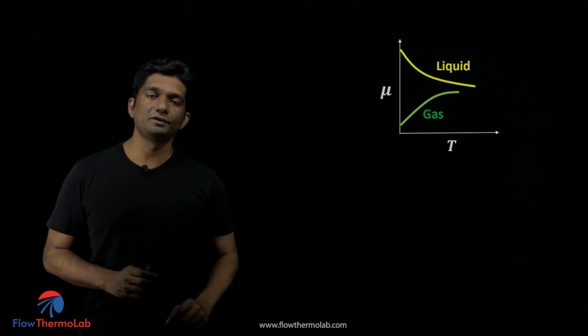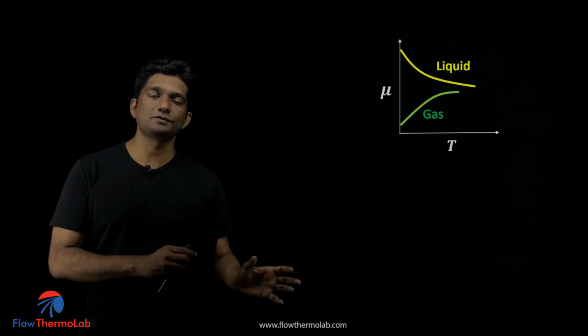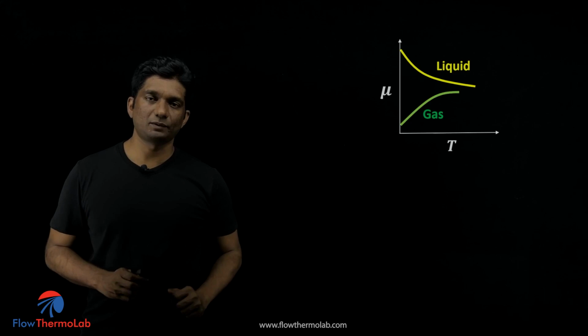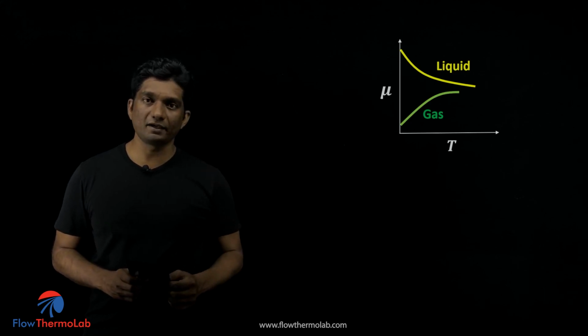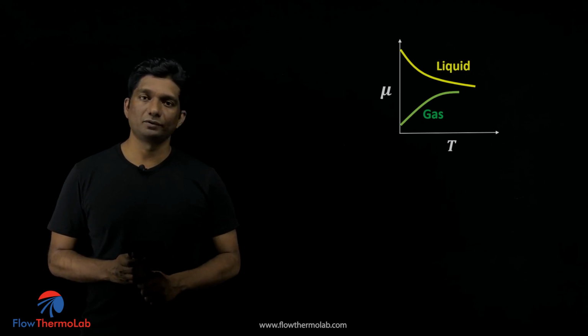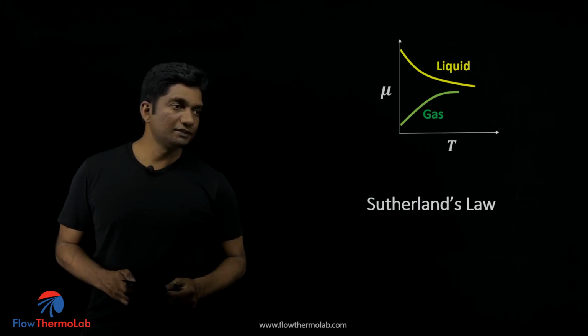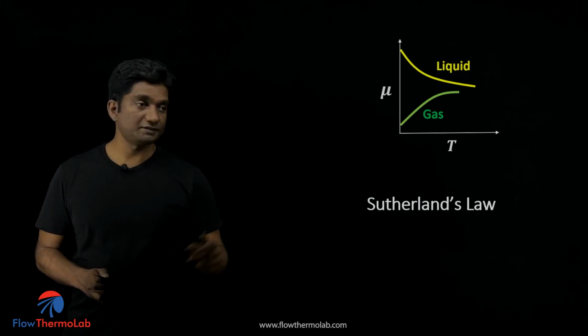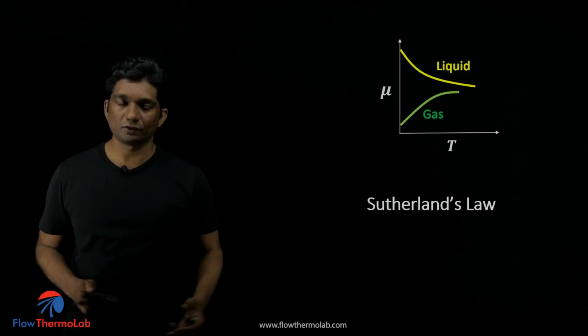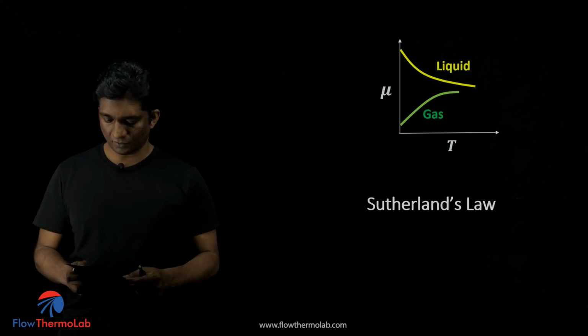First thing is you can look into the NIST database and use that function for your calculation. Otherwise, for air, you can use another very famous law called Sutherland's law. You can use it in any CFD software or anywhere. And how does the law look?